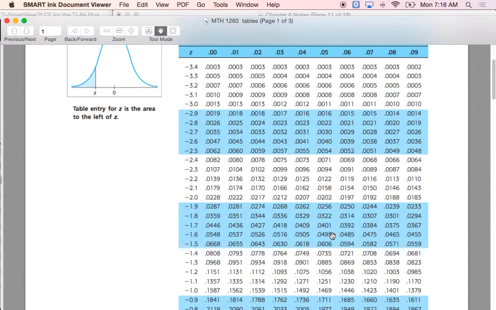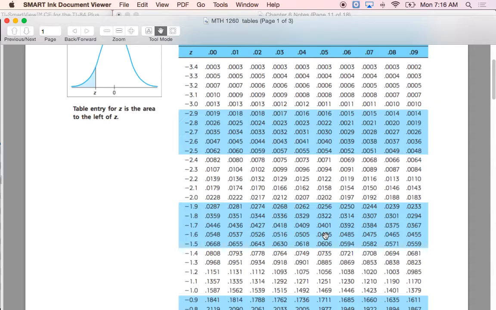But if I want to go under and not over, I have negative 1.6 and then 5, because my 0.0495 would be, I guess, under the 0.05, but again, either one is okay.